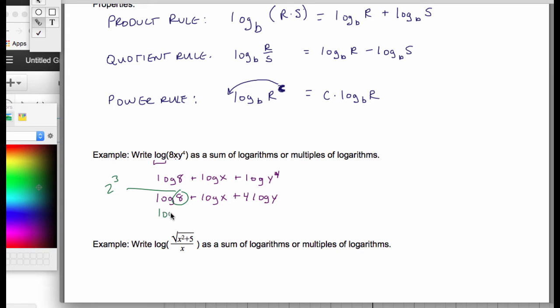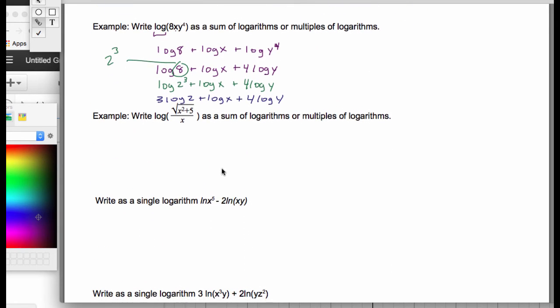So really I can say log of 2 to the third power plus log of x plus 4 log y, and I can do that one more time to make this 3 log 2 plus log x plus 4 log y. Okay, so that's completely written as a sum of or multiples of logarithms. This would be a sum, obviously with three parts, and then I've got these multiples of logarithms here because of the exponents. Let's go to the next one.